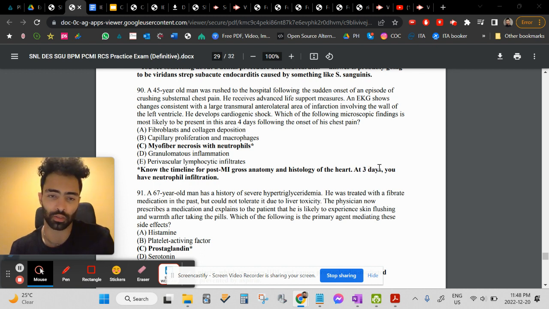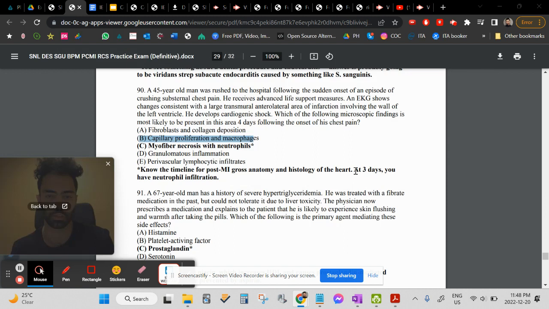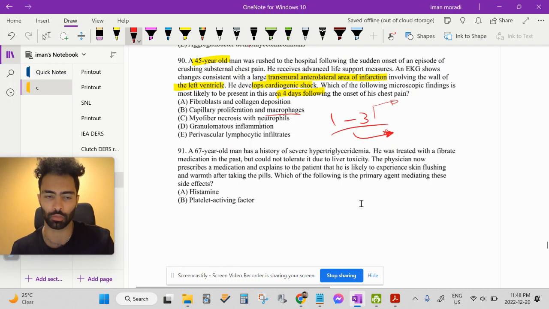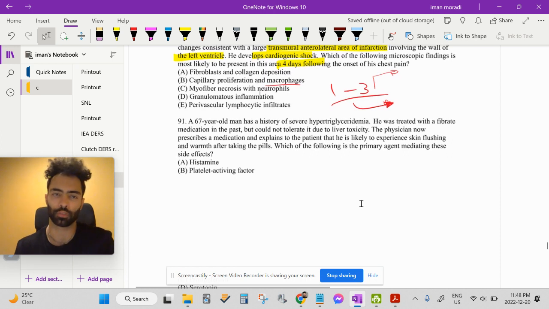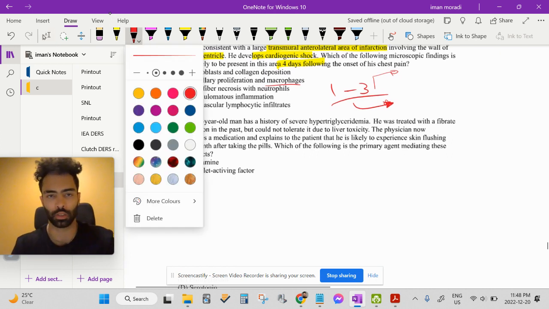So at day three, you get neutrophils. At day four, you should get macrophages, right? So day three is where the transition is. I don't know why this question says day four up here and then day three down here. But day three is where the transition from neutrophils to macrophages is, and macrophages are when you get all the problems.